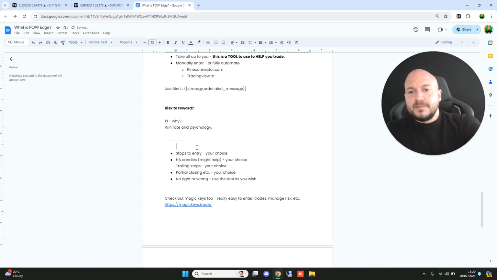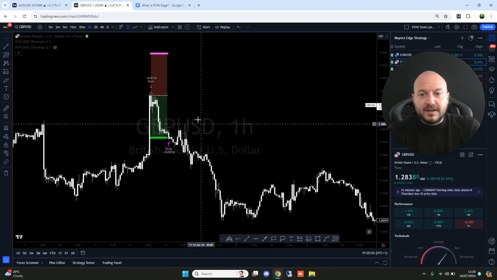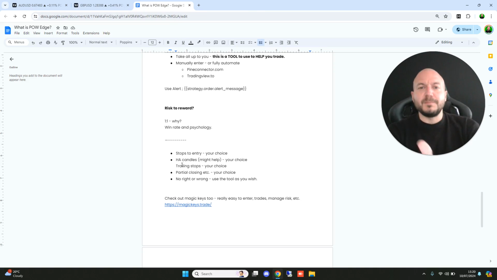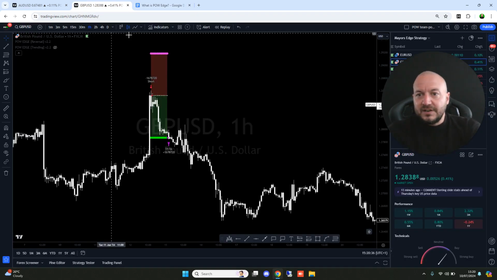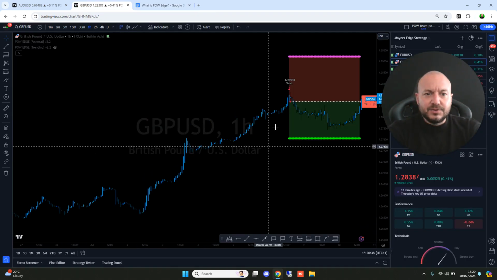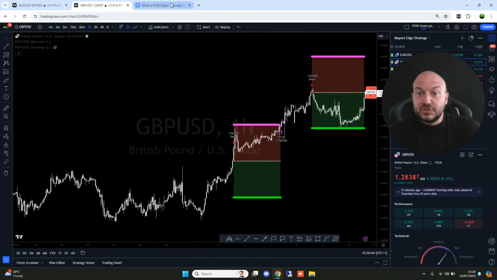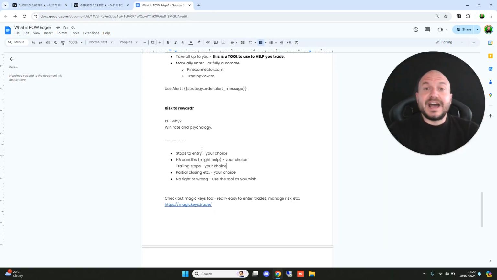Now, the other variables that you might have: when you move stops to entry, totally your choice. This doesn't do that. I think you can overmanage trades sometimes, let them breathe, but again, there's no right or wrong. Heikin Ashi candles might help remove some of the noise. You can do this on TradingView and hit Heikin Ashi candles, and it's going to remove some noise and some trades from the strategy because it works on averages. You can research that separately.